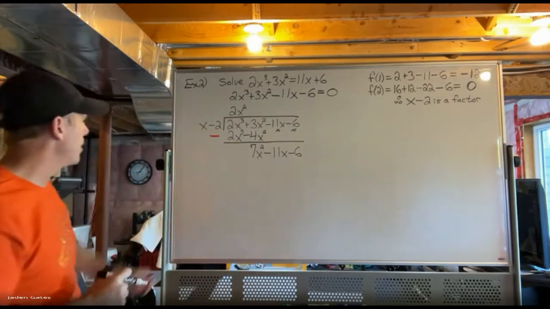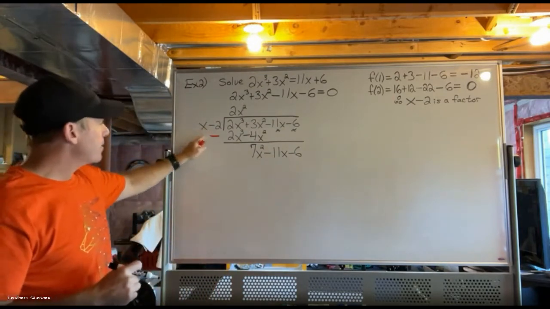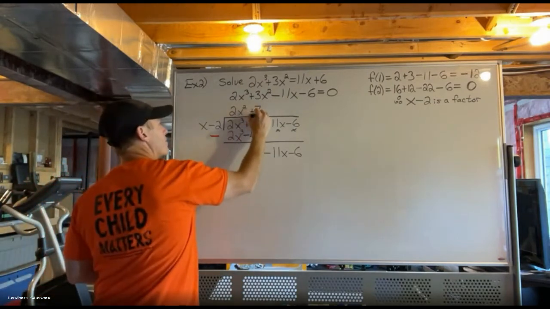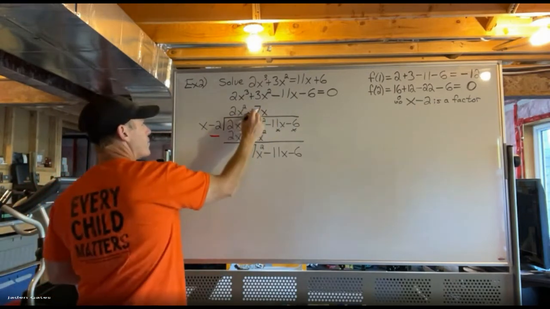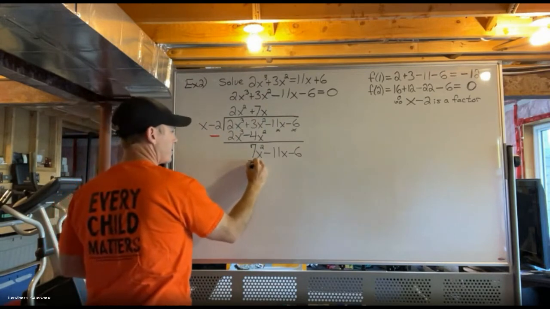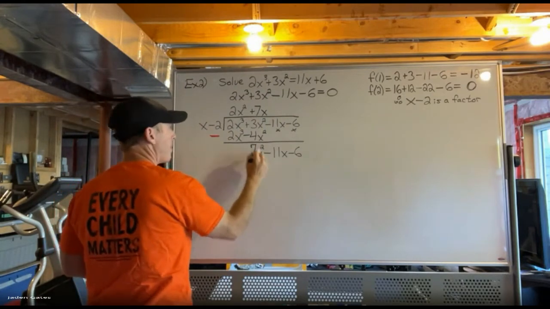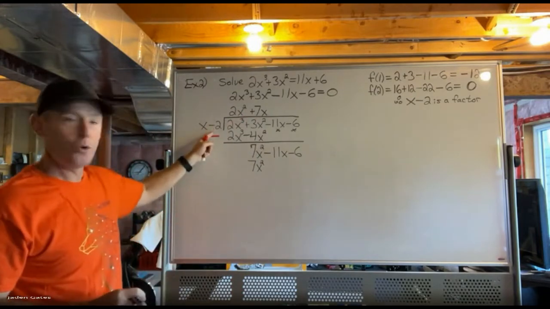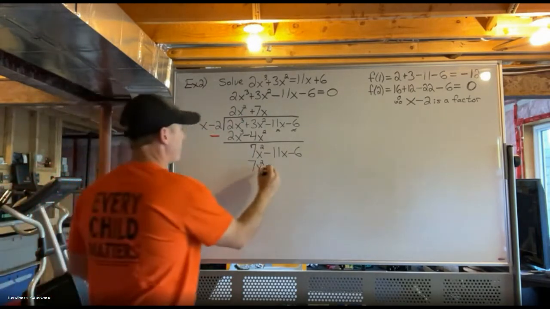All right, next one. To get from x to 7x squared, I'm going to multiply by a 7x. 7x times x is 7x squared. 7x times minus 2, that's going to give me a minus 14x.